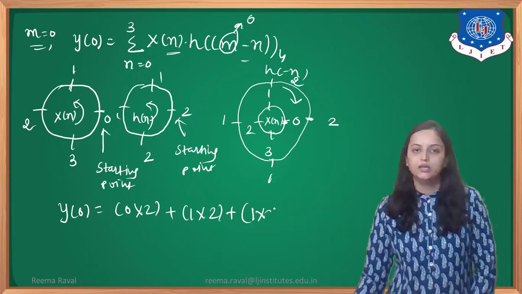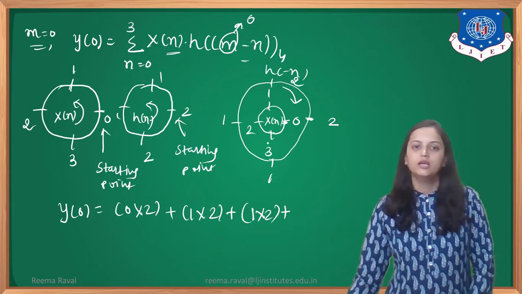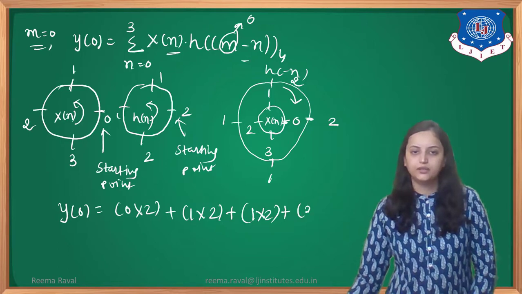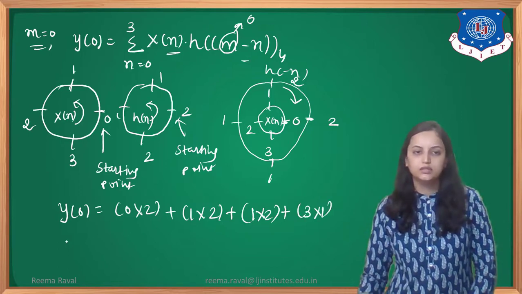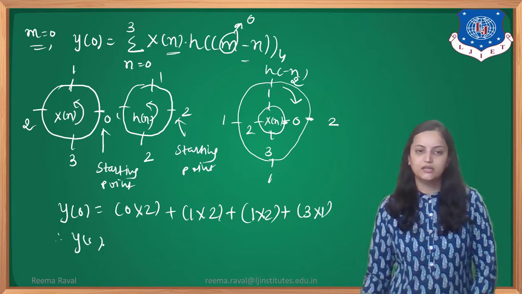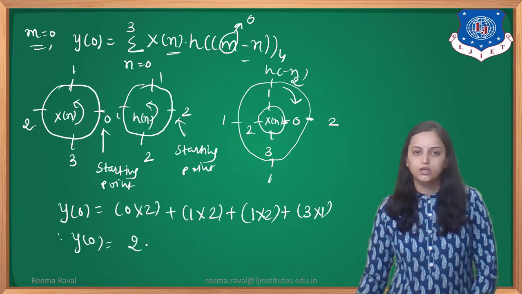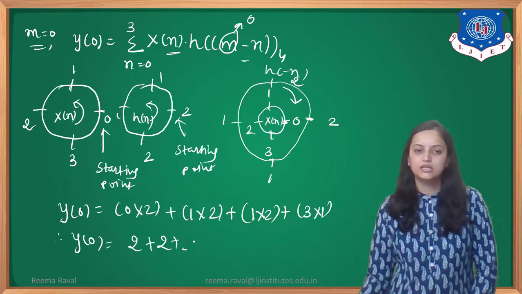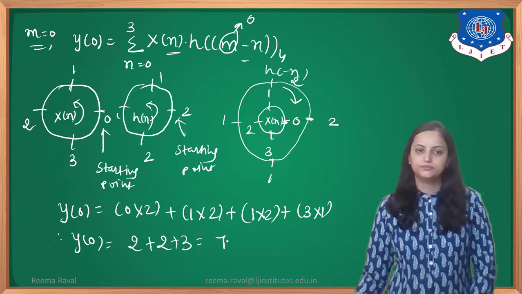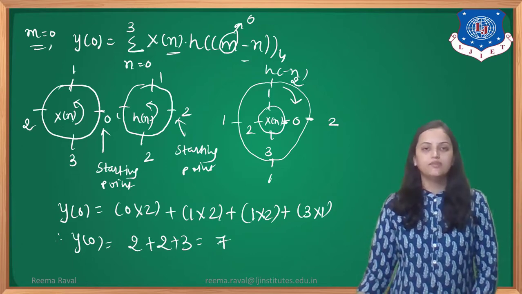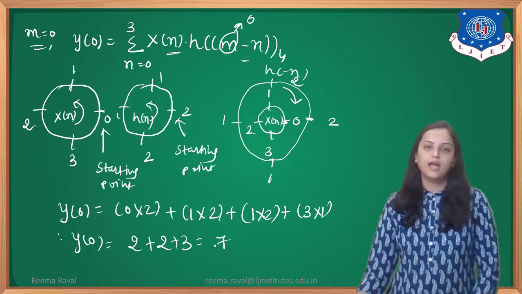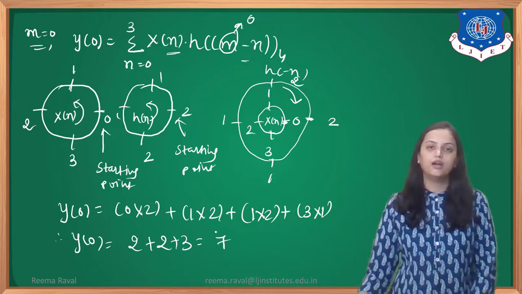So same way we will multiply the respective points on this circle. Here we will get 3 into 1. So the answer of y of 0 is equal to 2 plus 2 plus 3, that is equal to 7.